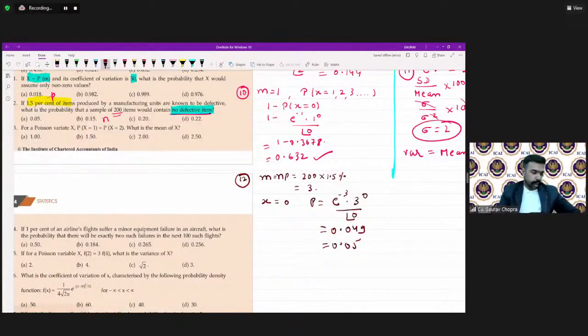0.05. Shunaya, Priyanka, Mishra, Kanishka has given the answer. Shania says 12th number question is very easy. That's great.